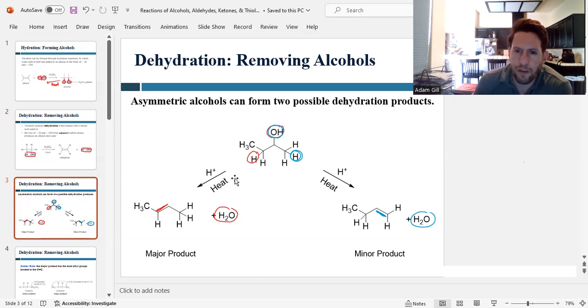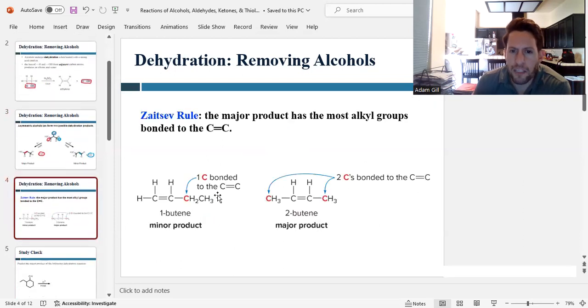And so how do we know which is which? Well, as it turns out, there is something called Zaitsev's rule, which tells us that the major product is always the one that has the most alkyl groups bonded to the C=C double bond, or the most carbons attached to the C=C double bond.